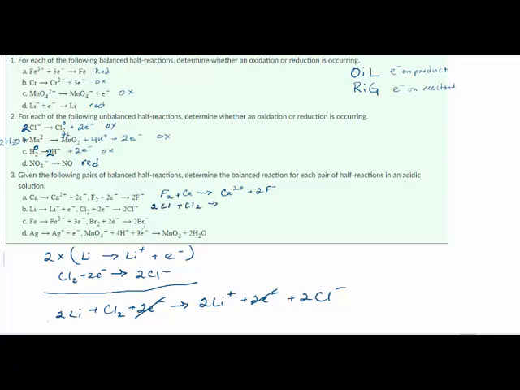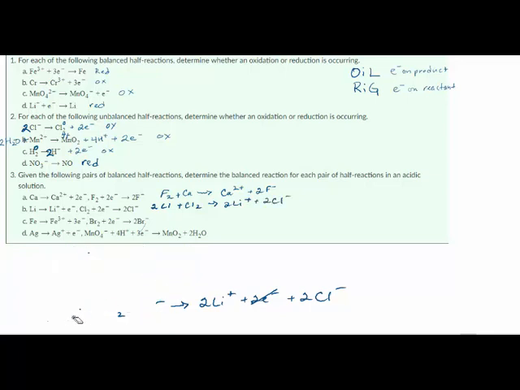For C, again, we don't have any hydrogens or oxygens to contend with, but we do need to make sure our electrons match. This time, we can't just multiply one of our reactions, we have to multiply them both. And then you need to find the least common factor.